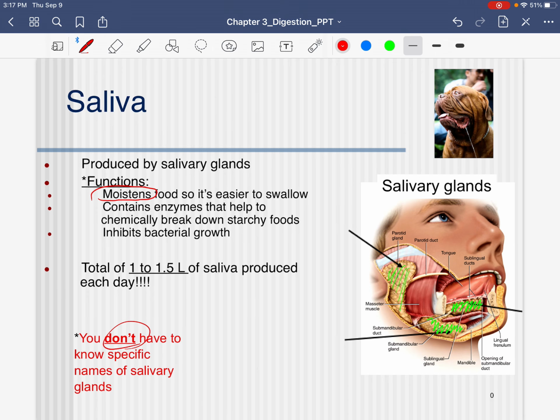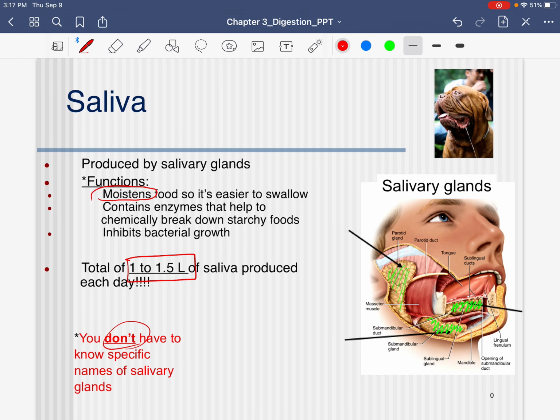The idea of saliva is to moisten the food. Isn't it much easier to break something down if we add some moisture? Absolutely. And of course, that saliva also contains the enzymes to help chemically break down starch. Now, I'm not going to ask you this number, but I'm just pointing out it's a lot.